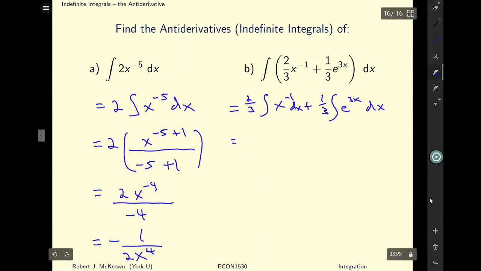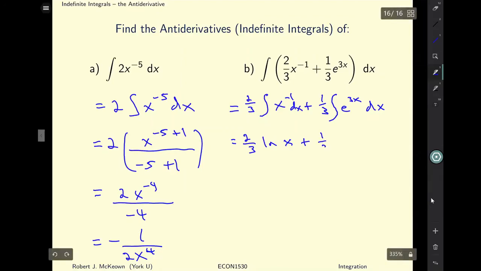The first one, I've got x to the power of negative 1. That's the special case. What has a derivative of 1 over x? Well, the natural log has a derivative of 1 over x. So I can write this first one as 2/3 log x. Move over to the next one.